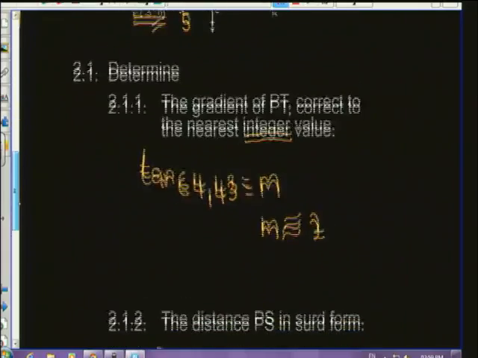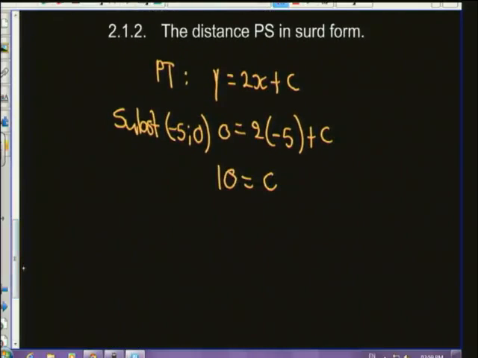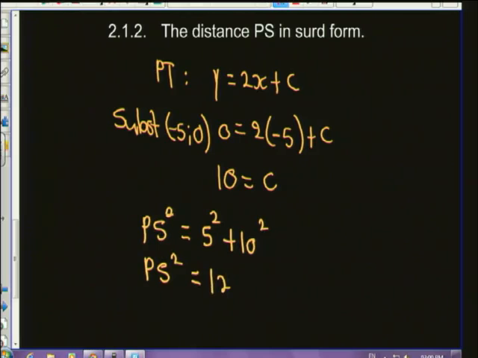Pythagoras says PS, which is the hypotenuse, so PS squared will give me 5 squared plus 10 squared. So PS squared will give us 25 plus 100 is 125. Now they want it in surd form.